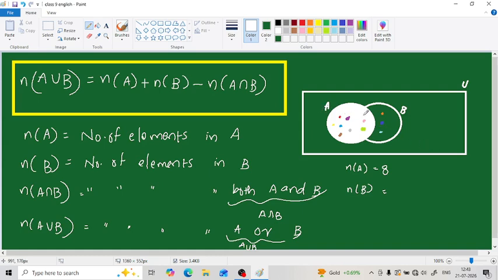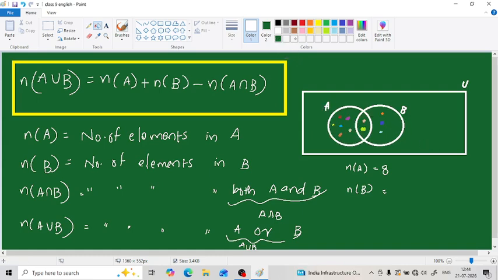And what is our N of B? This set is our N of B, isn't it? The whole circle B. How many elements? 1, 2, 3, 4 and 5.